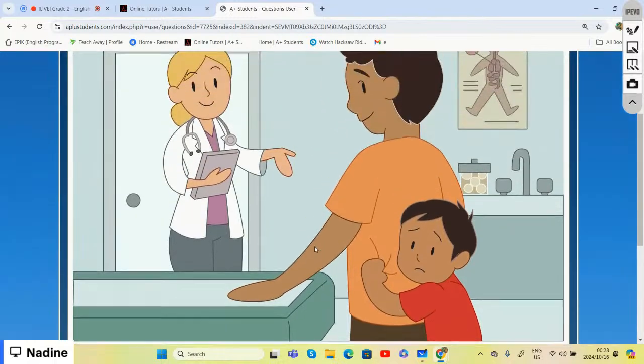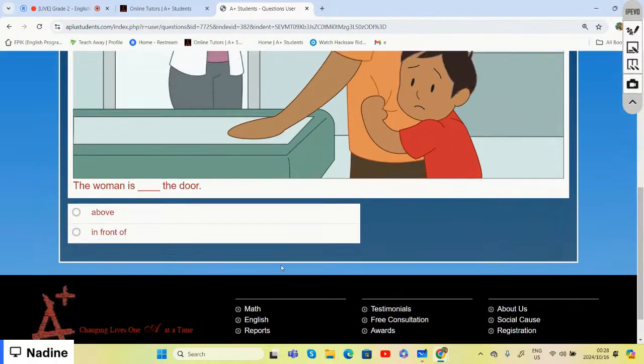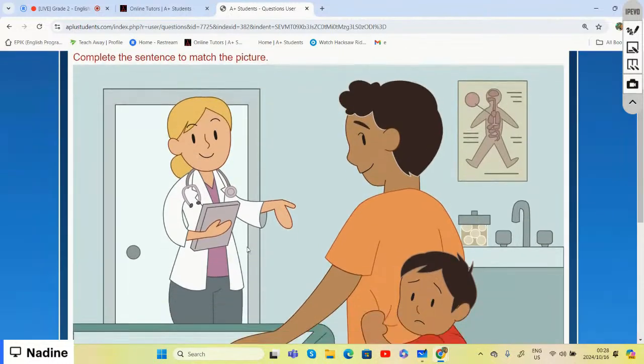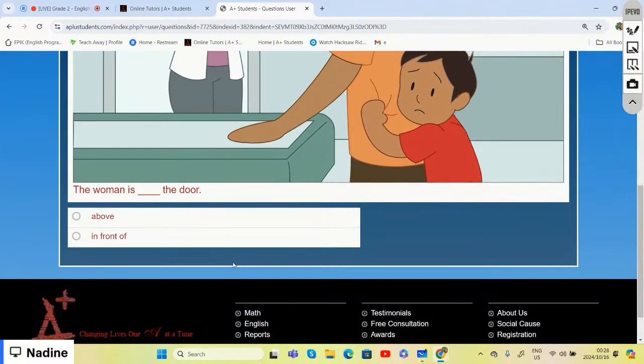The woman is the door. Is she above the door or is she in front of the door? Which one is correct? Option one, she's above the door, or option two, the woman or doctor is in front of the door.